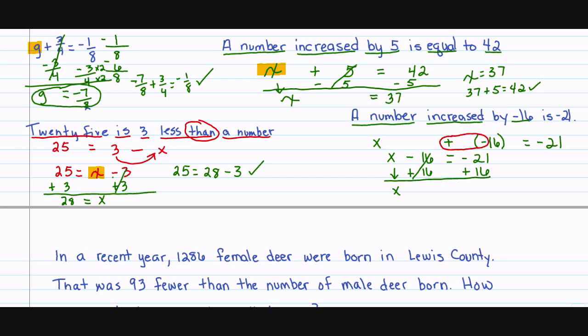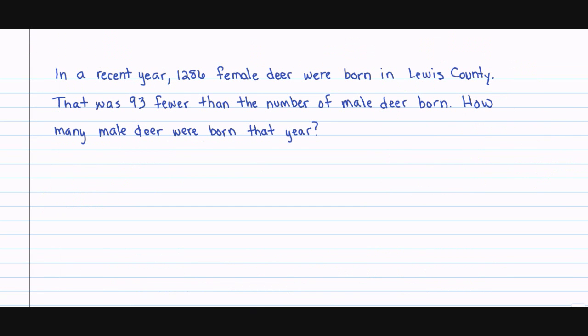And negative 21 and 16 is 5. Take the sign of the larger number. X equals negative 5. Go ahead and check it. Does negative 5 plus negative 16 equal negative 21? Yes, it does. Let's go on to a word problem.